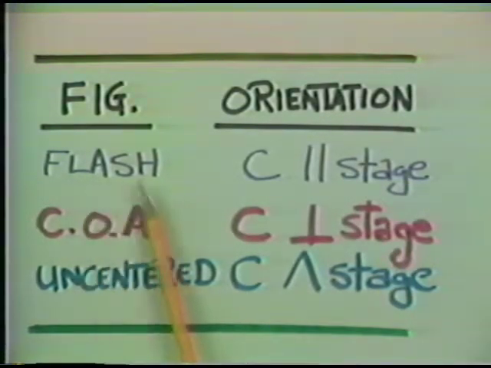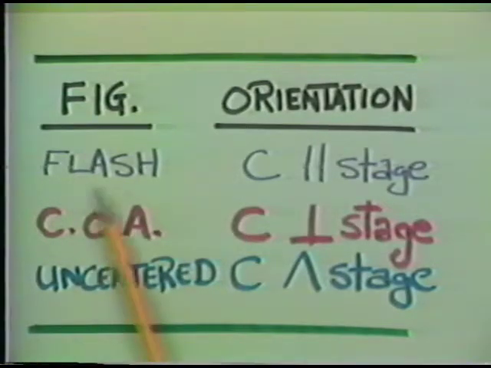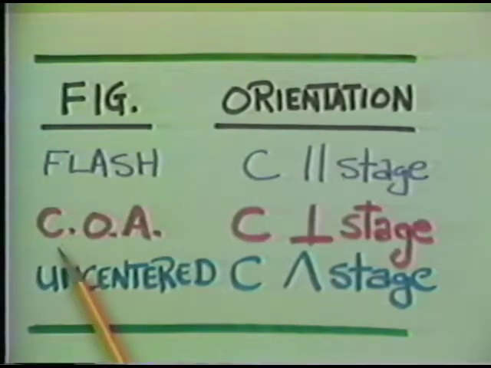This is the kind of figure where we barely see the isogyres, just 4 times during rotation. We see them, they come into the field and go very rapidly out of the field. We have another kind of special figure that occurs on the horizontal sections of the indicatrix, or the circular sections of the indicatrix, when the c-axis is exactly perpendicular to the stage, and this is called a centered optic axis figure.